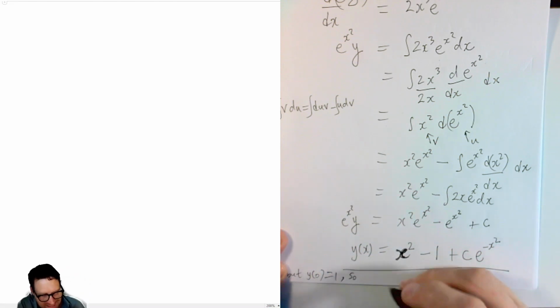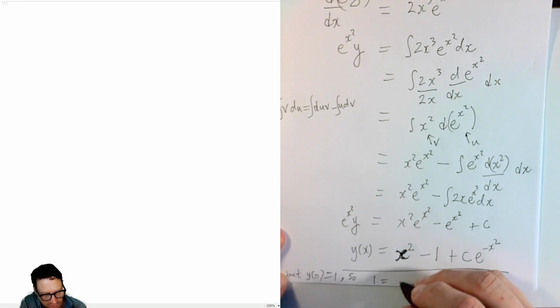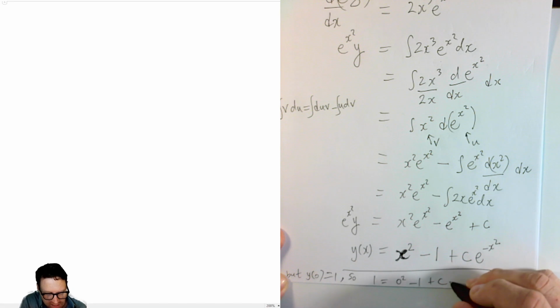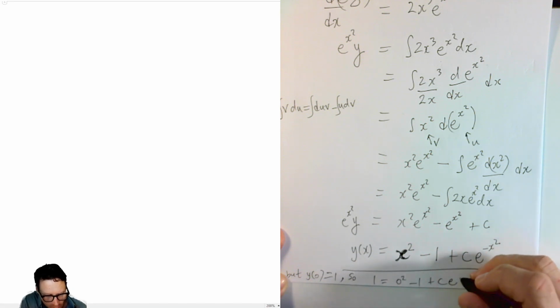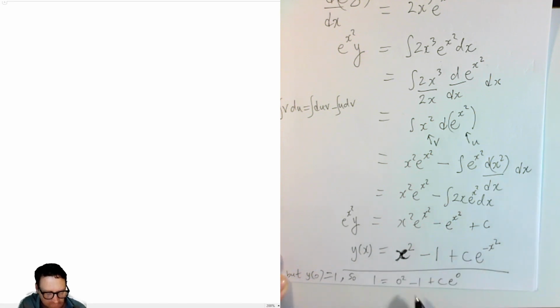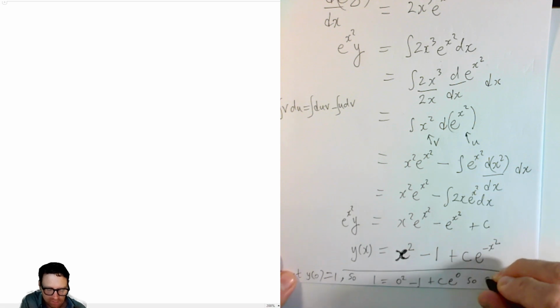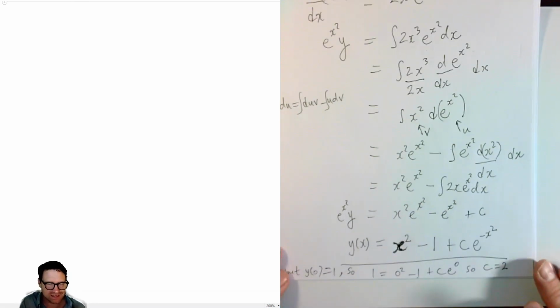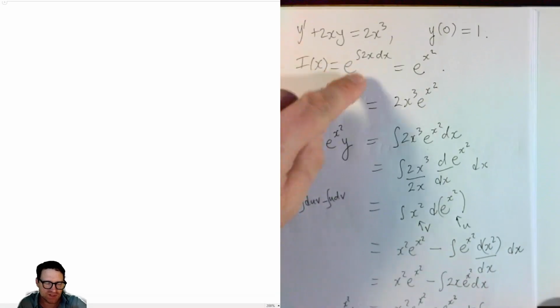So what this says is that 1 is equal to 0 squared minus 1 plus c e to the power of 0. So we can take that minus 1 over to the left-hand side, and we get c is equal to 2. And then sub that in there, and that's our particular solution to the initial value problem presented here.